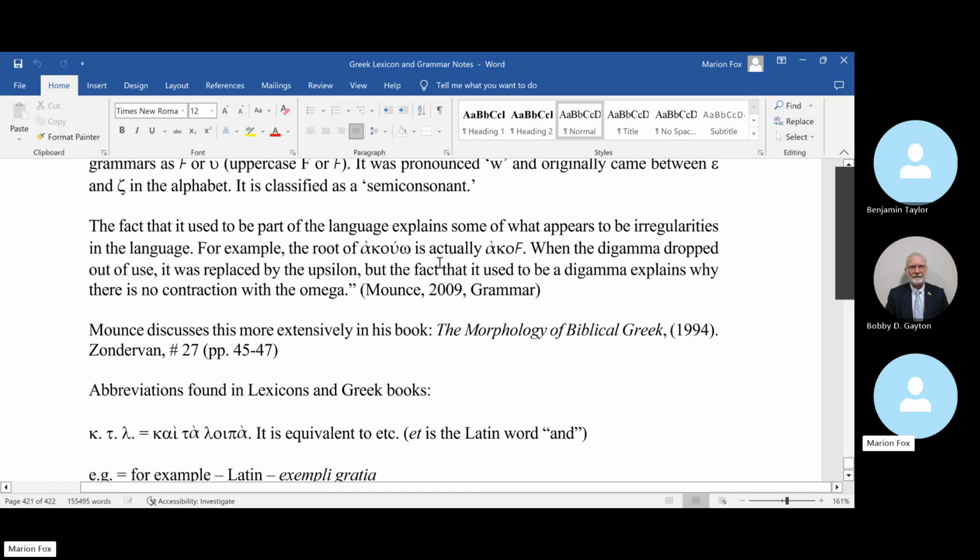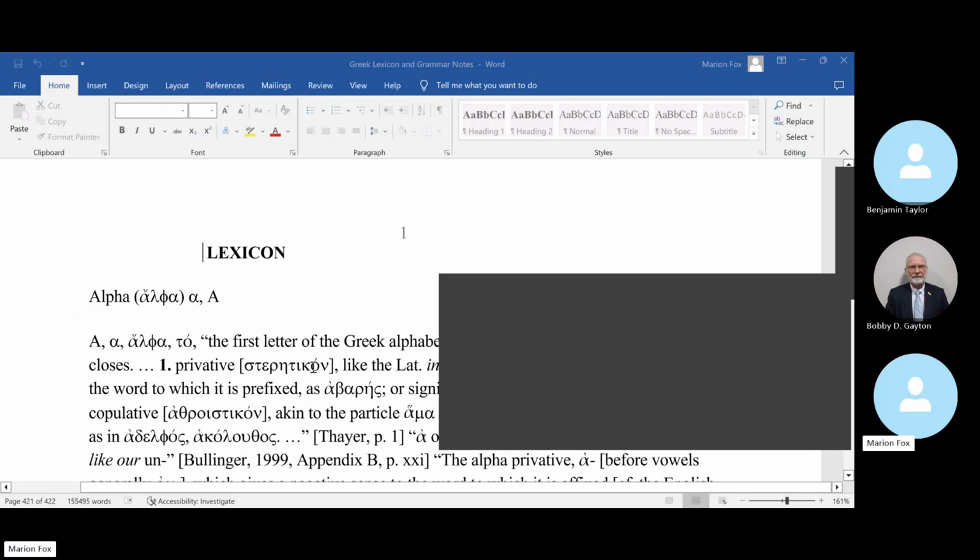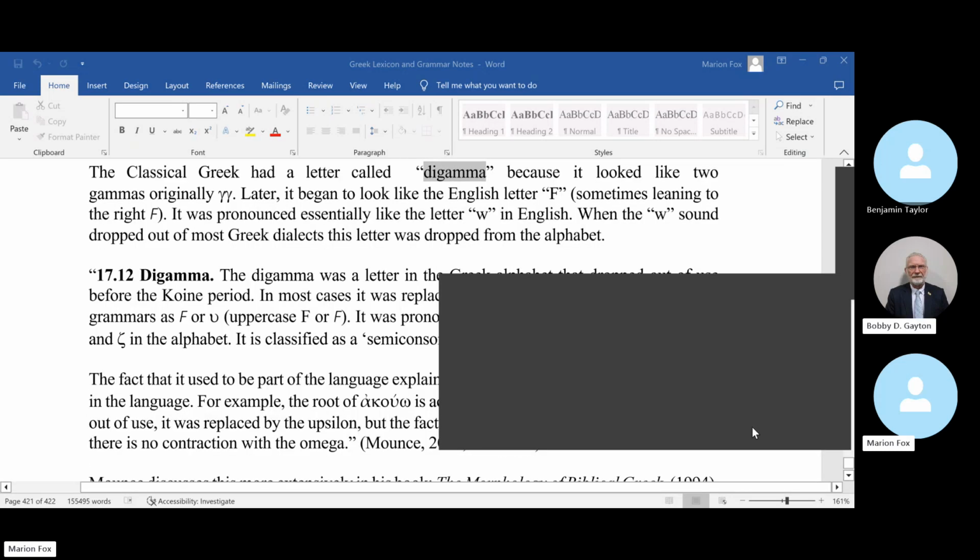But since the digamma dropped off, the root changed. So we have some words here where that changed. I think one or two of the words we had here would work on it. Then I'm going to do a scan for digamma. It'll help you to see what one of our problems is.